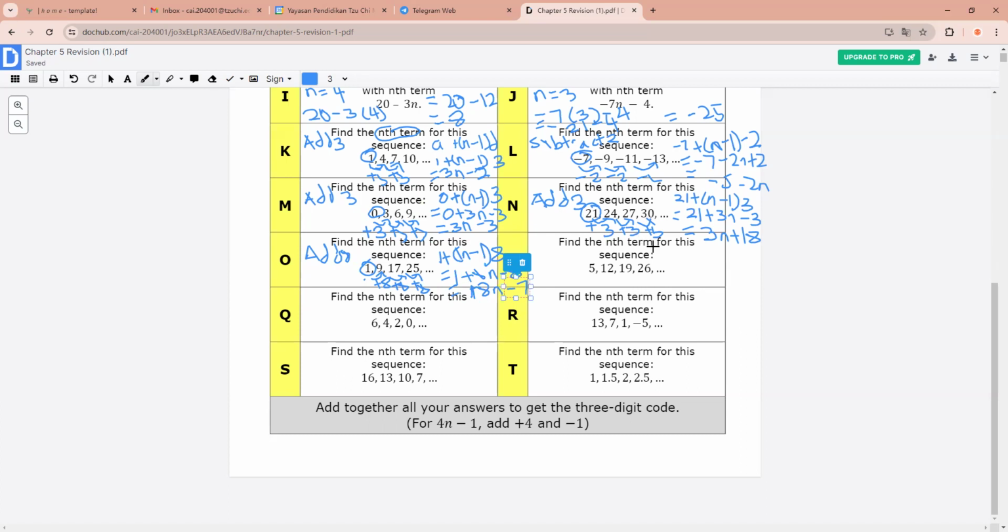Next question, find the nth term for the sequence. So we start by finding the term-to-term rule. And for the sequence, the term-to-term rule is add 7 to each term.